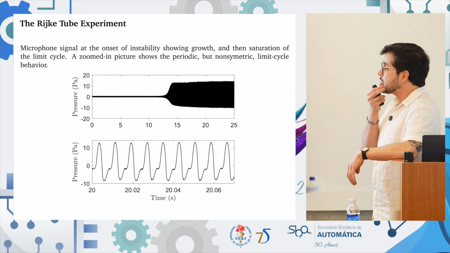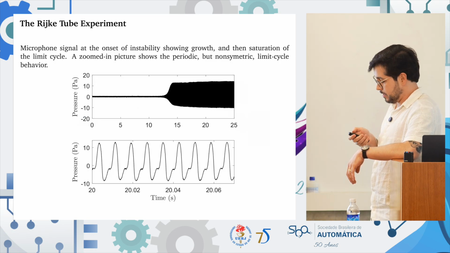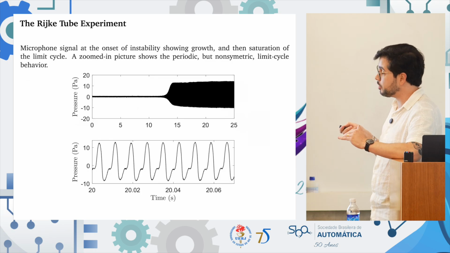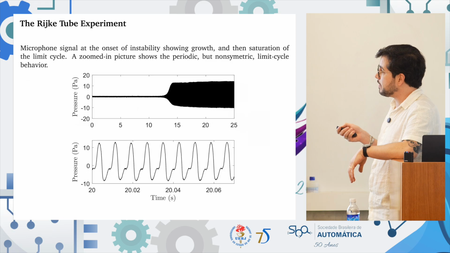So this is a visual of the acoustic instability inside the tube. When we heat the element, the pressure starts to grow exponentially until saturation. So we have this limit cycle behavior, which is non-symmetrical, as can be seen here.